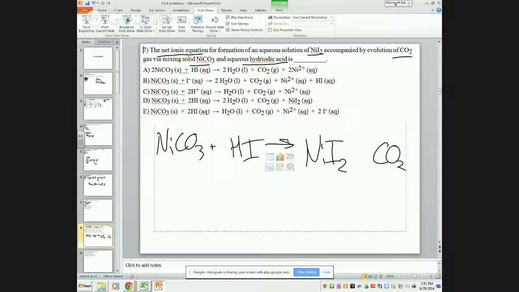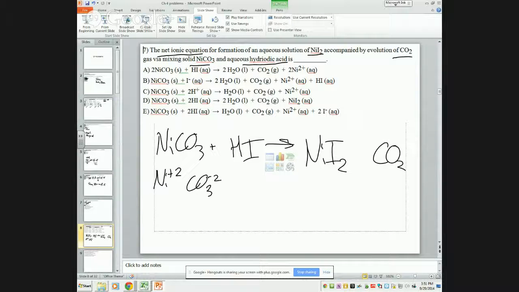I know, stop yelling. All right, so if we take a look at what we can eliminate from the net ionic equation, well, we can get rid of a couple of things, right? We have nickel. This is going to be soluble. So we got Ni plus 2 and CO3 minus 2.